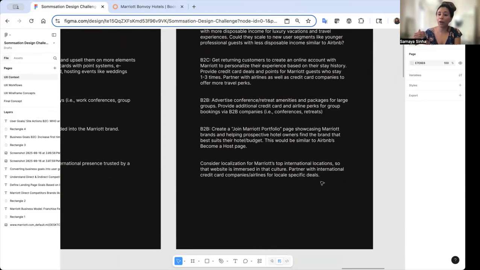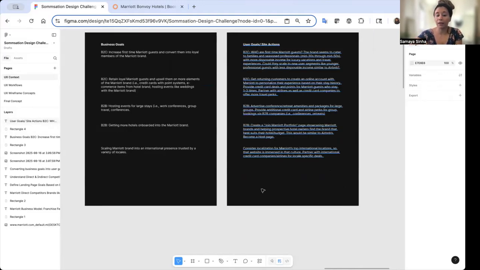But I wonder if I was pulling up the Marriott site in France or Spain, would I be seeing locations in France or Spain being advertised? And so really thinking about those localization elements could really help them scale further internationally and from an international perspective.